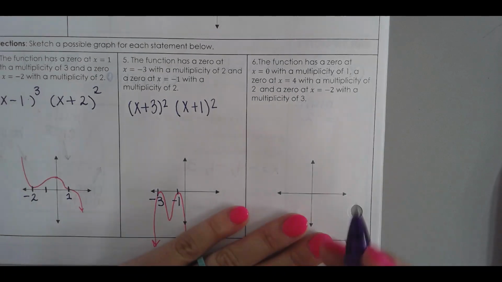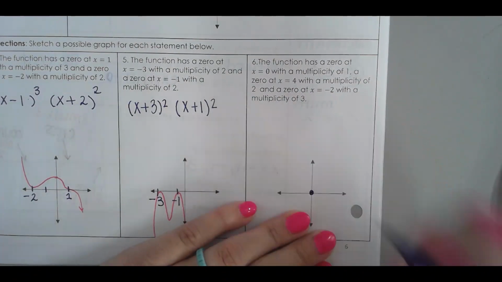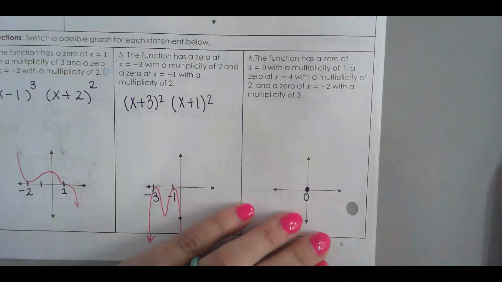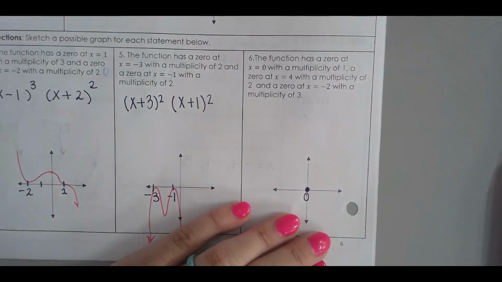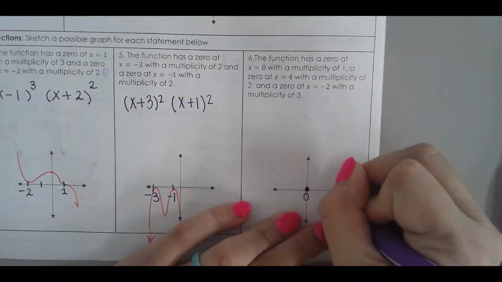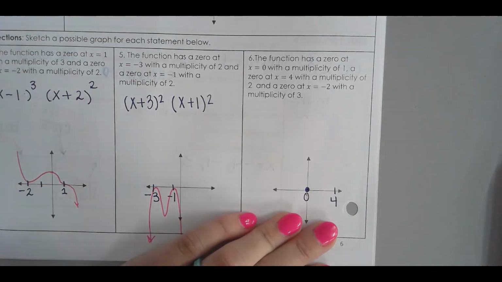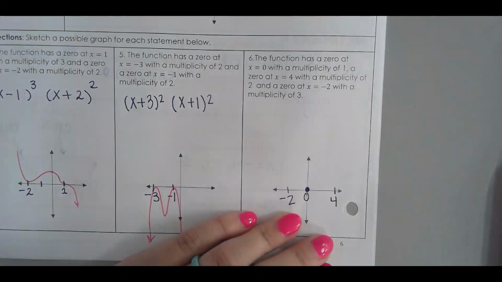Alright, so here we have a 0 at x equals 0. It has a multiplicity of 1, which means it's going to just be a nice cross through. A 0 at x equals 4 with a multiplicity of 2, so it's going to bounce. And at -2 with a multiplicity of 3.